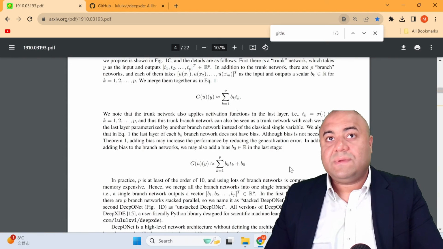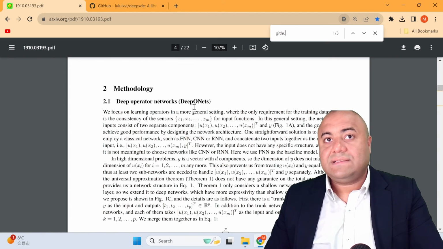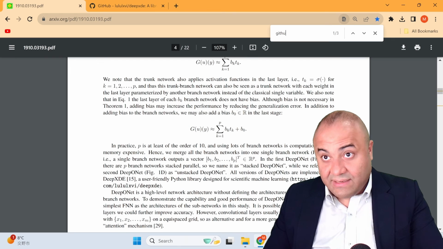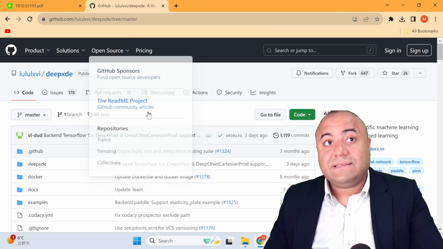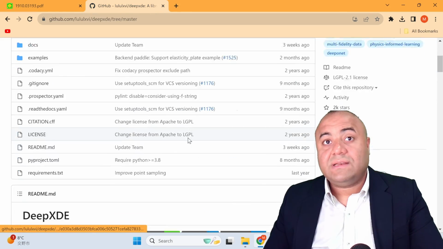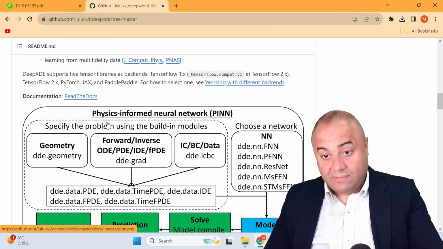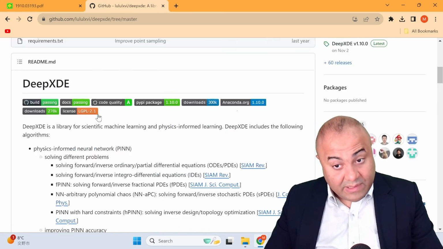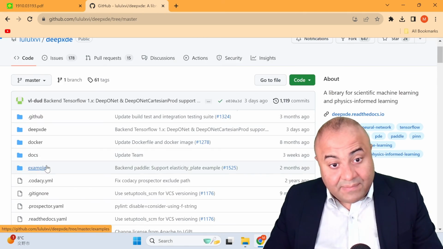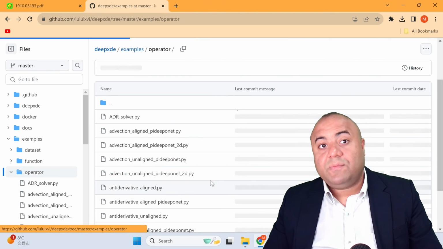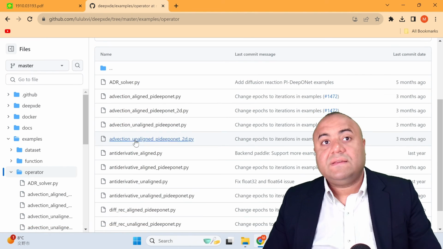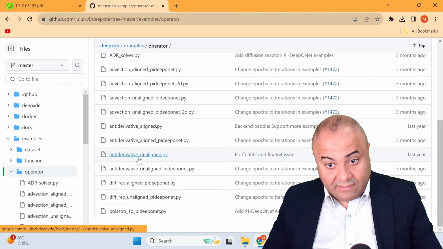Not in the conclusion, but here they give some references for DeepXDE, basically, and you can see here the actual GitHub related to this paper. You can see some examples in here, like for example operator. You can see different ways of applying it.